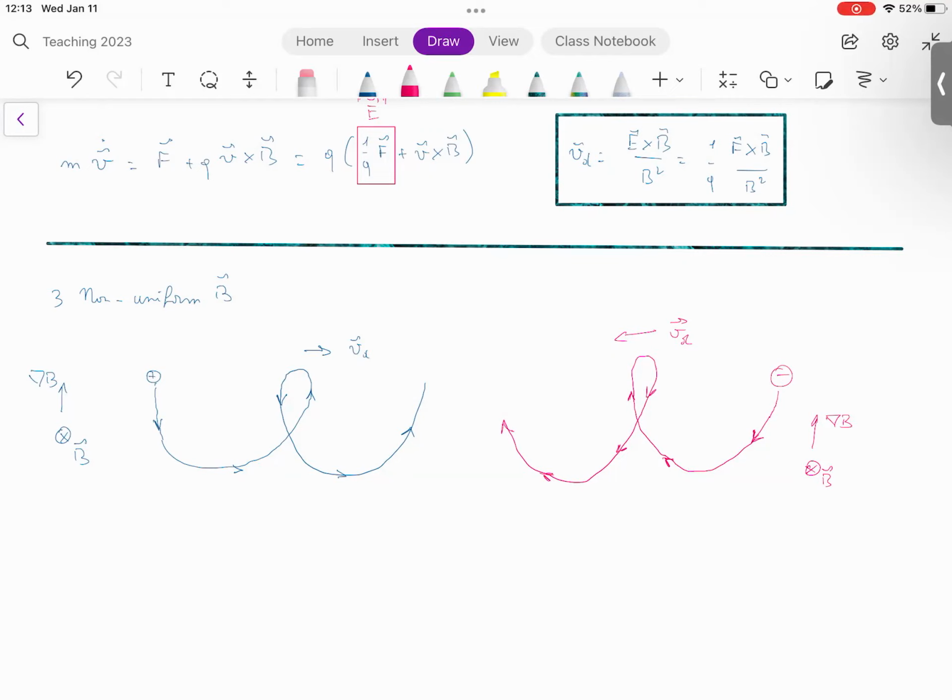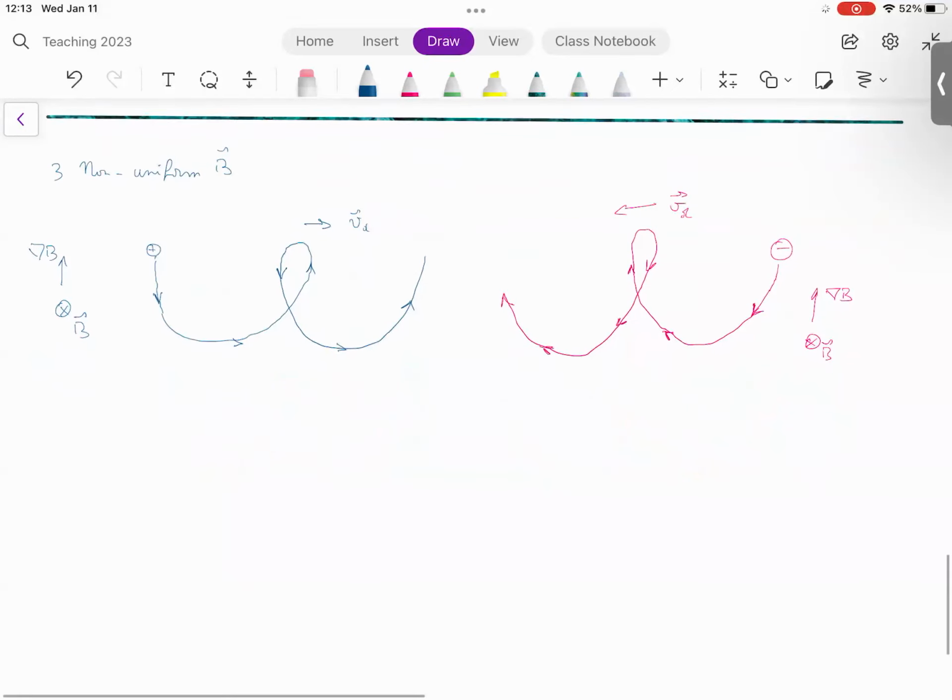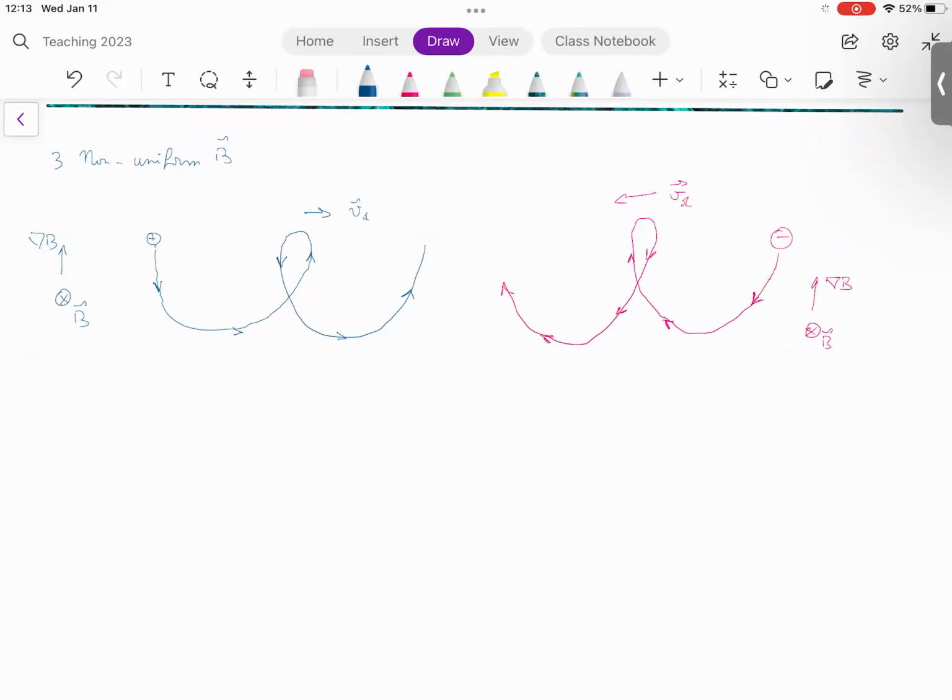Now, let's see if we can solve this problem. That's an easy question to answer now. This is actually not as easy as we would like. All the derivations you'll find in textbooks are going to assume that the magnetic field changes on scale lengths that are much bigger than the Larmor radius.